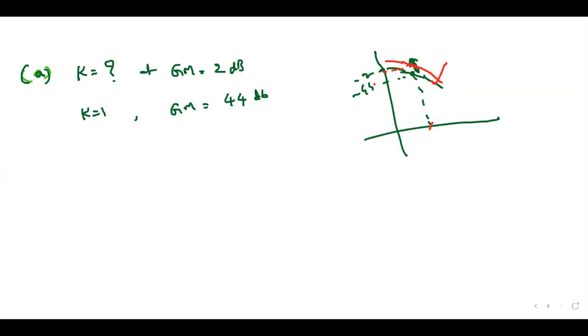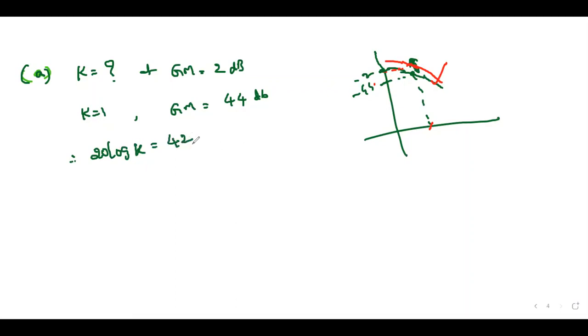How many dB should it shift, sir? See, here I am at minus 44 and I should be shifted to minus 2. How much should I add? Minus 40 plus 42. Very good. So 20 log K is equal to 42.